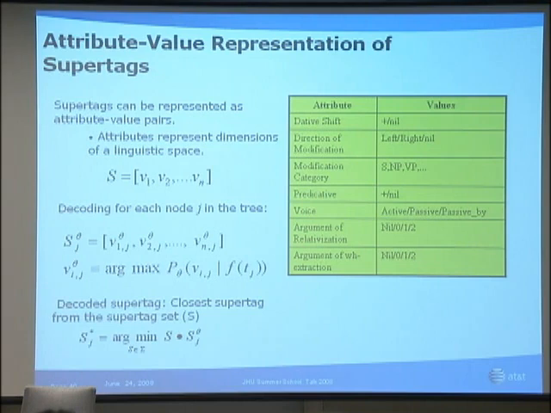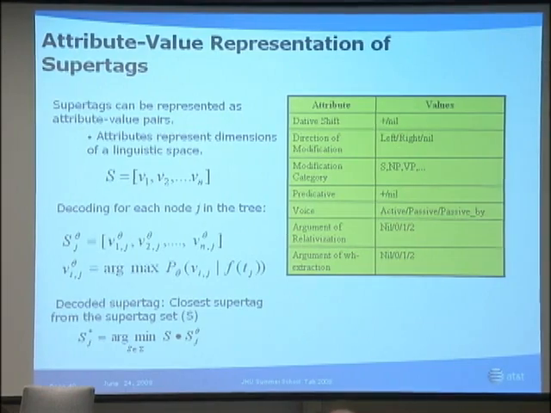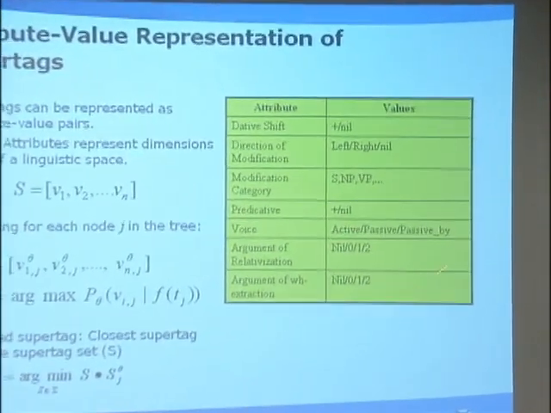Furthermore, these things can be represented in an n-dimensional space. Each super tag can be broken down into n dimensions, and each of these n dimensions has some linguistic meaning, like whether it's an active voice. Think of these as a 7 dimension space, and each of these are axes in that 7 dimensions, and a super tag becomes a point in that 7 dimension space with these as the values of the axes.